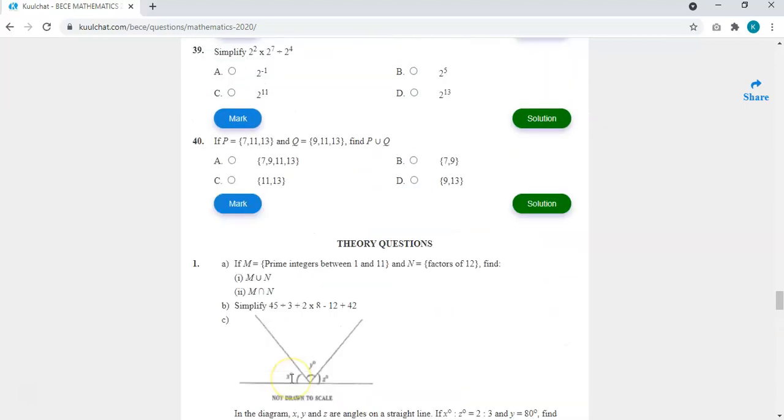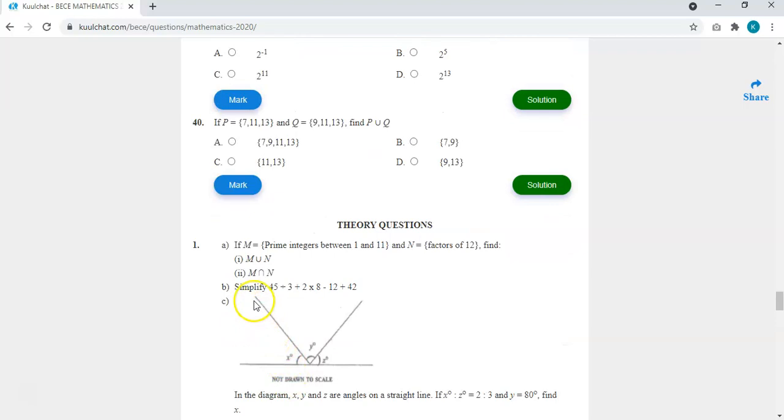Okay, so let's move on to question number B. Question B says we should simplify 45 divided by 3 plus 2 times 8 minus 12 plus 42. I believe you've heard of the expression BODMAS: brackets, of, division, multiplication, addition, and subtraction.